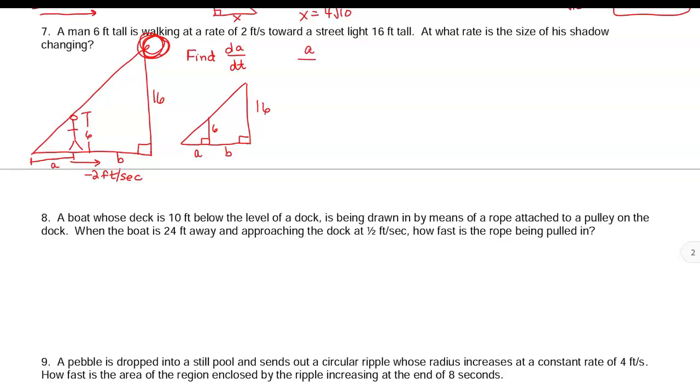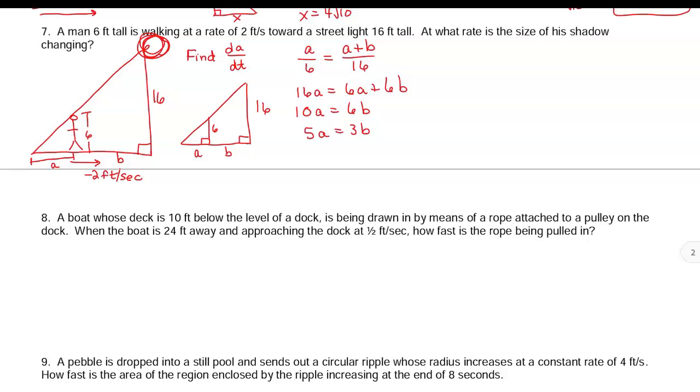I'm going to cross multiply, so I get 16A equals 6A plus 6B. Then I can subtract 6A and divide by 2. So I have 5A equals 3B.